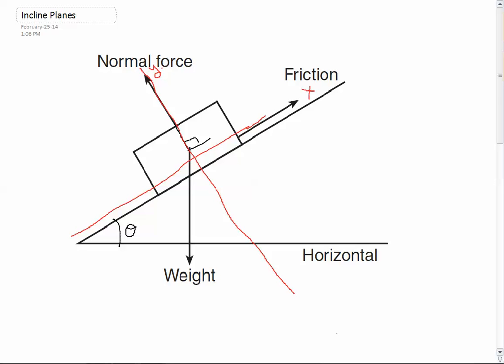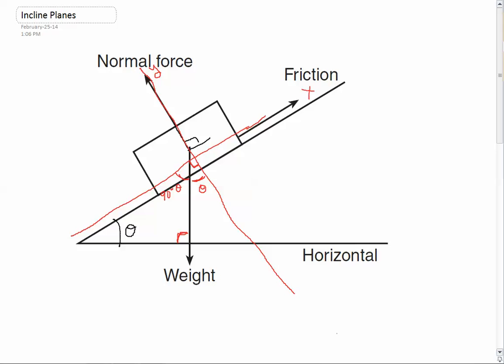And our weight is acting straight down and forms a right angle here. So what that tells us is the angle here is 90 minus theta, which means that the angle between the weight and the y axis is equal to theta, because this also is a right angle.